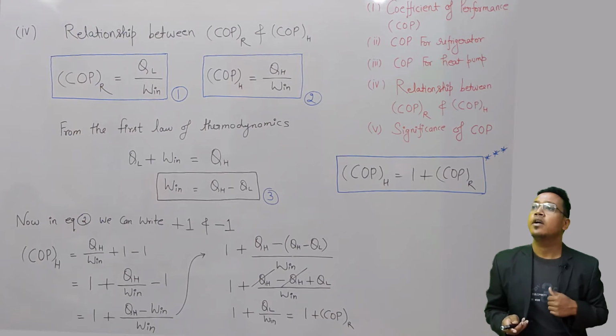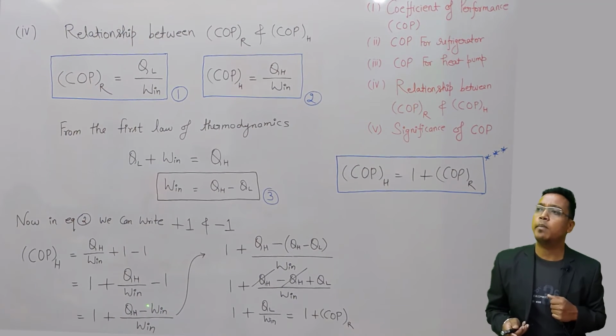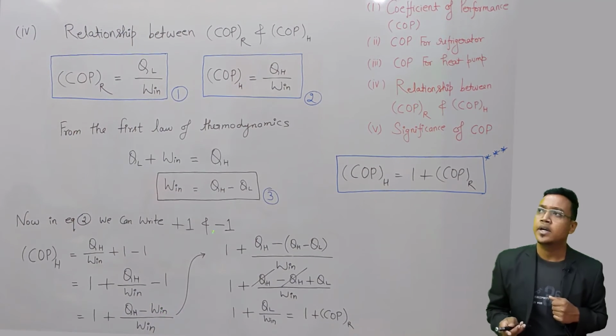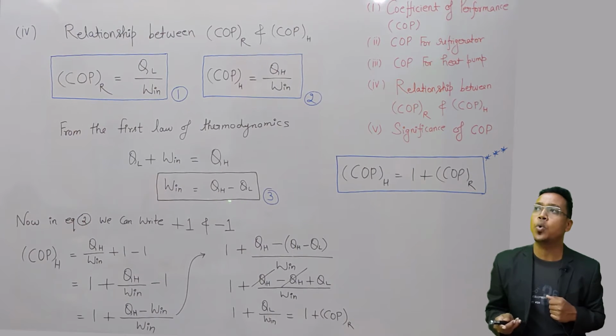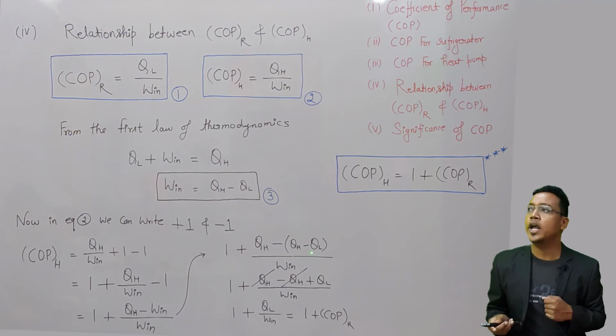Now 1 plus, we can take WIN common, QH minus WIN divided by WIN. And we know WIN, that is work input, is equal to QH minus QL from equation number 3. So we can write 1 plus QH minus (QH minus QL) divided by work input.